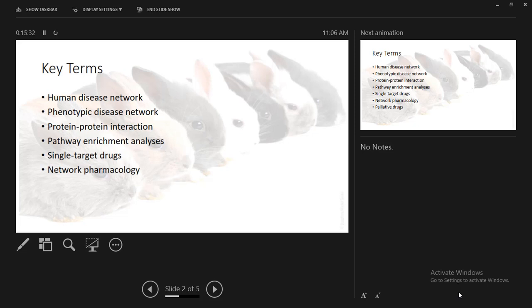So you develop a single target drug that basically inhibits this, and so it removes this node. Now what you've done is you've eliminated 4 different interactions, and maybe one of those was where you had the disease, right? One of those interactions was the disease, but you've eliminated all 4 of them. And so now you have side effects as a result of removing this node to treat this specific edge, right?